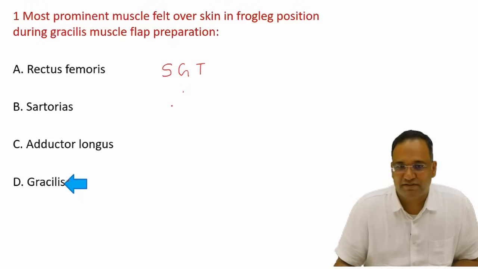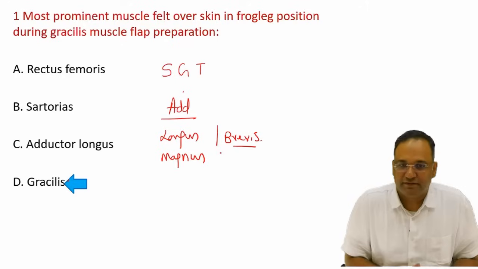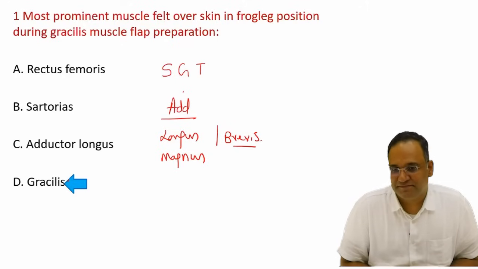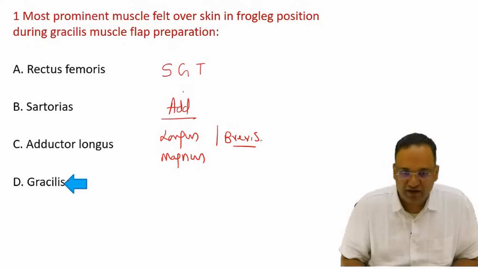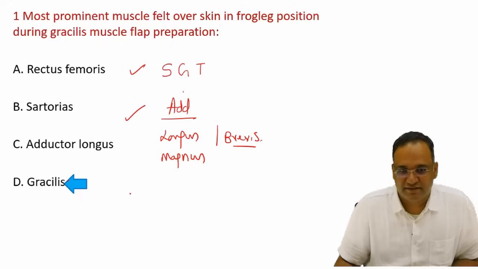There is a group of adductor muscles, I'll tell you. They are adductor longus, adductor magnus, and one more called adductor brevis. These are the adductor compartment of muscles. Then you have the next compartment of muscles, intermediate to lateral.